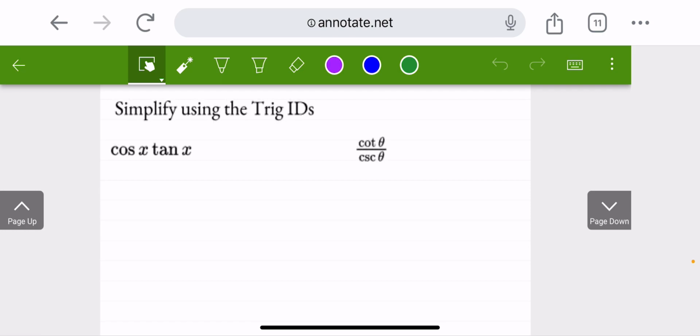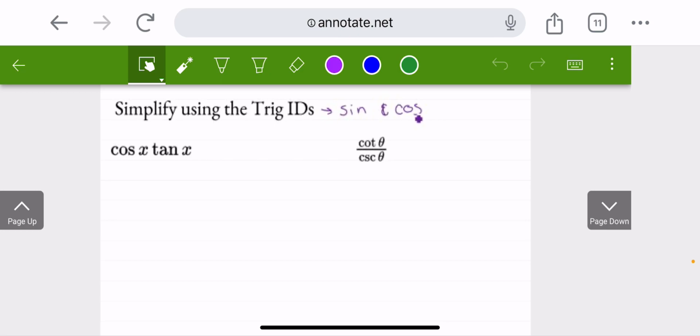The easiest way to simplify with our trig identities is to put everything in terms of sine and cosine, so that we can then simplify like things.